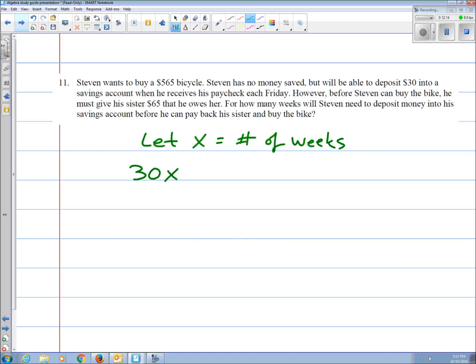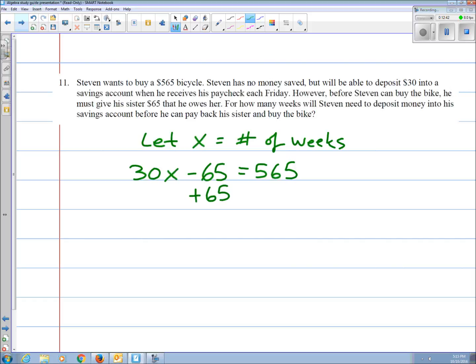But he owes his sister $65, so we can subtract $65 from it. And he wants to buy a bike that is $565. So this is our equation. And if we solve this for x, we can find out the number of weeks that he must actually save to be able to buy that bike.